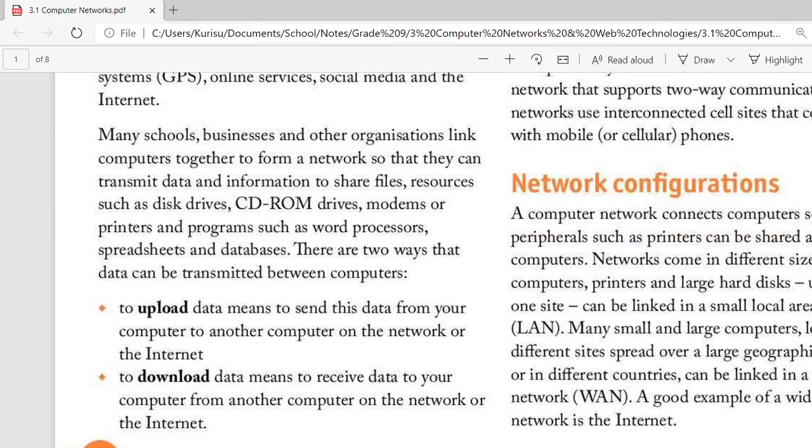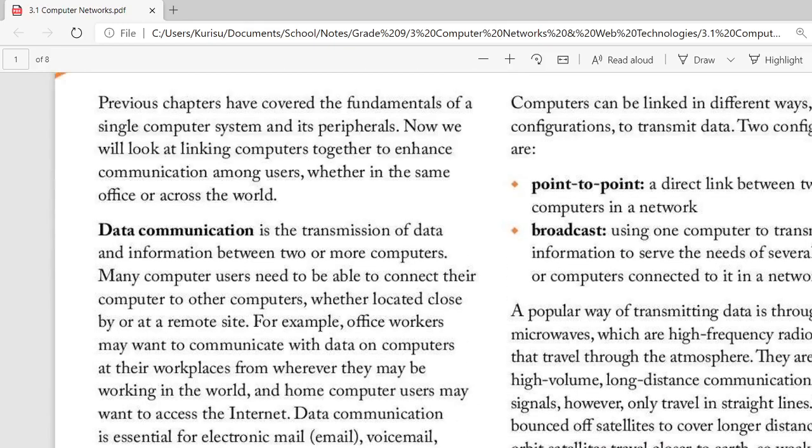Two other terms, upload and download, we looked at that. We looked at the two configurations, a point-to-point. So remember, it's only two devices connected to each other. And a broadcast, it's multiple devices connected, and they are sharing and receiving information and data.